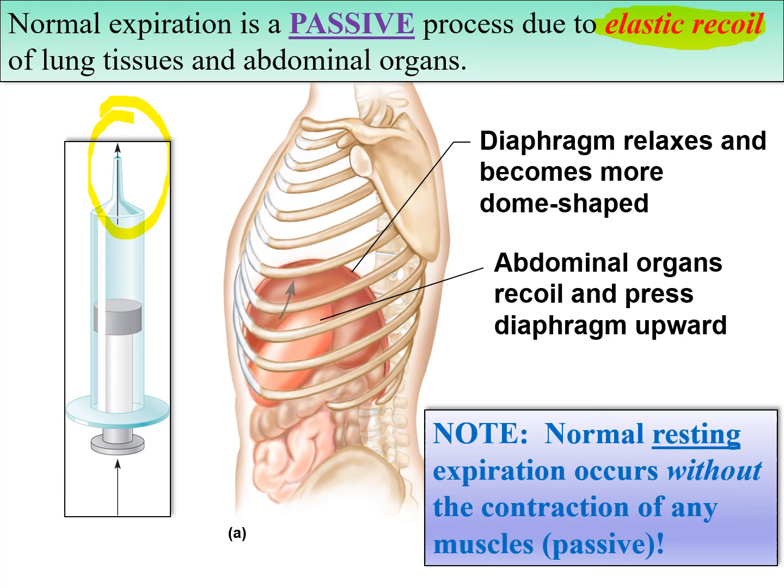And I want to draw your attention to this notion that expiration during quiet, resting breathing, as you're sitting watching TV, reading a book, driving to school, 99.9% of our lives we're doing this, occurs as a result of elastic recoil, not due to contraction of muscles.